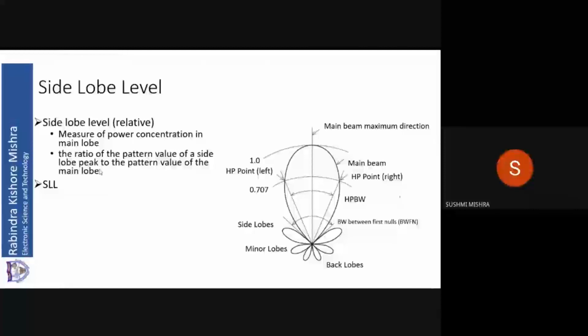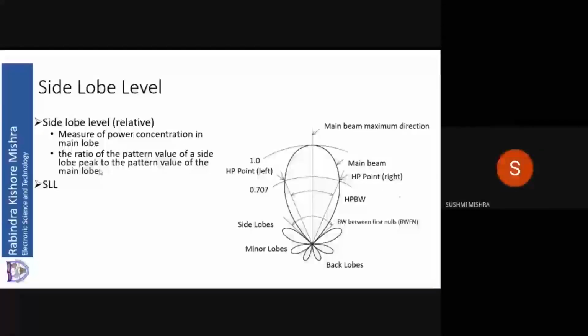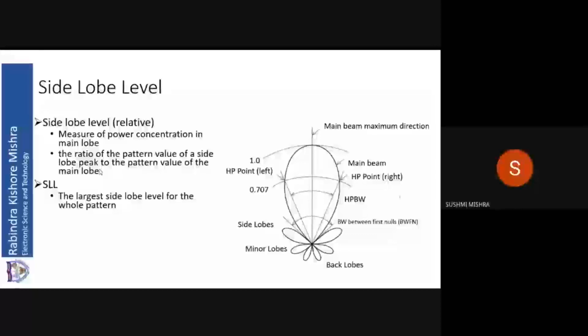So E is equal to 1 by root 2. So when your power is reduced to half, then E becomes 1 by root 2, which is equal to 0.707. If I express that in dB, 10 log of 1 by root 2 is equal to -3. So this point is called the half power point or -3 dB point.